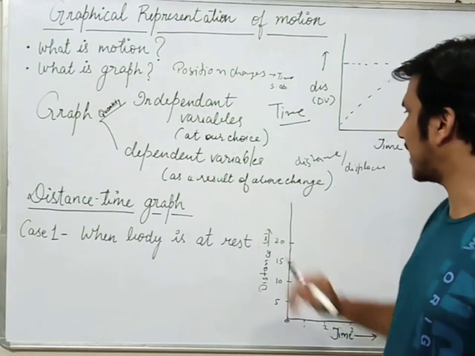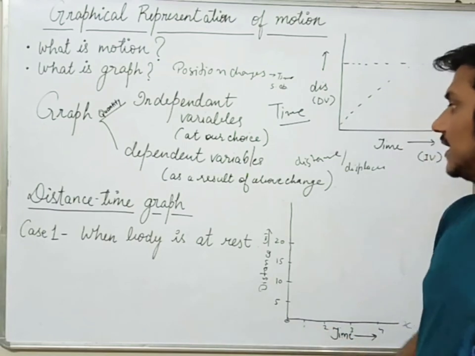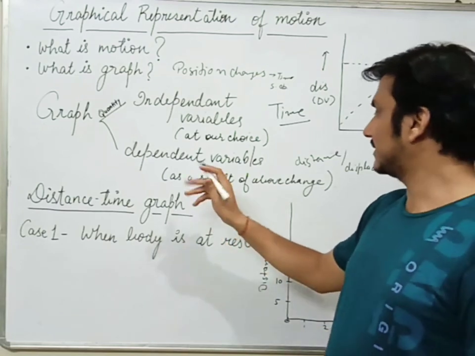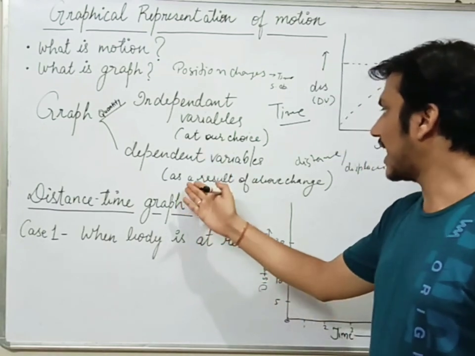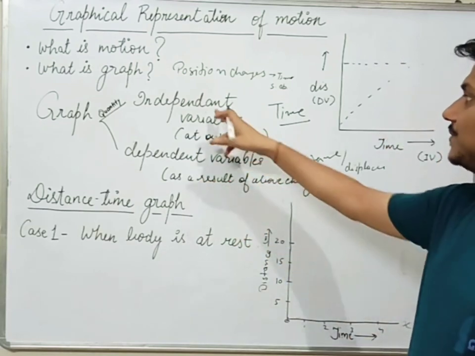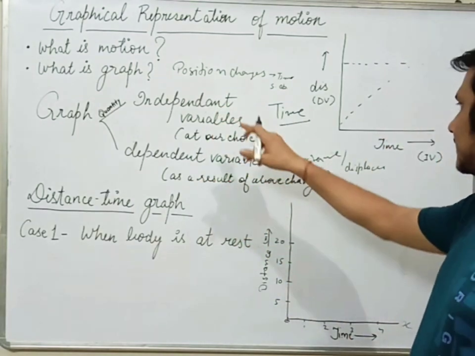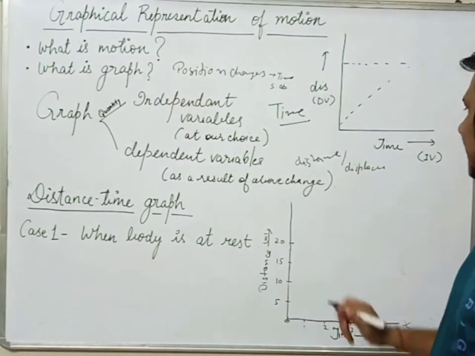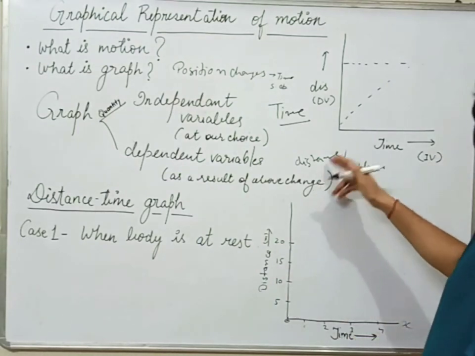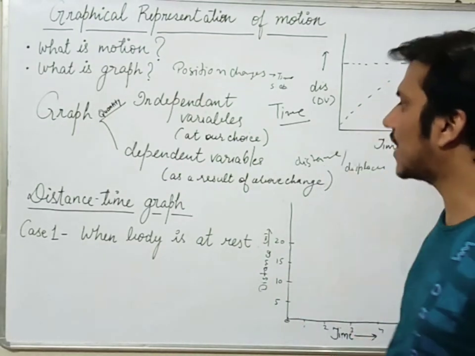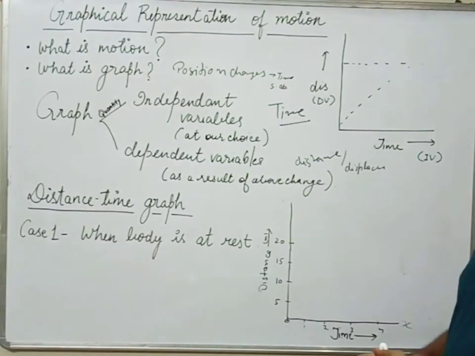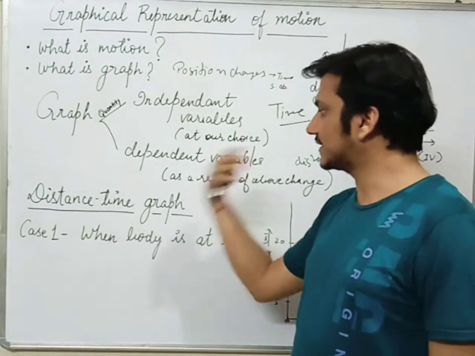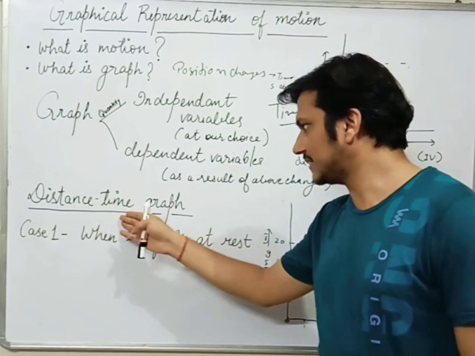Now dependent variables are those that vary as a result of the above changes, that depend upon independent variables, like distance and displacement. Now we will discuss the distance and time graph.